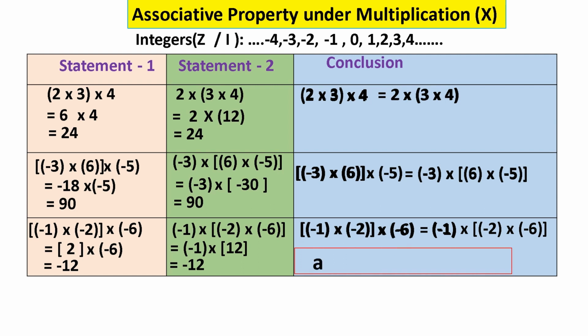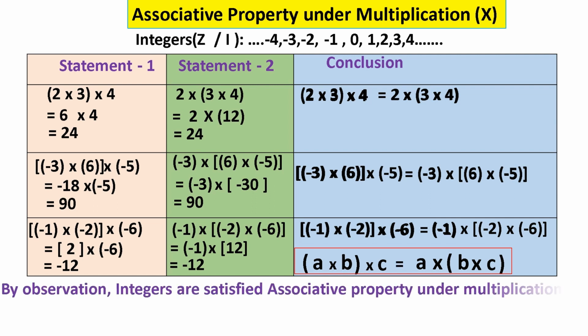From this table by observation, if we multiply the first two integers and then multiply by the third integer, we get the same answer as multiplying the last two integers and the first integer.